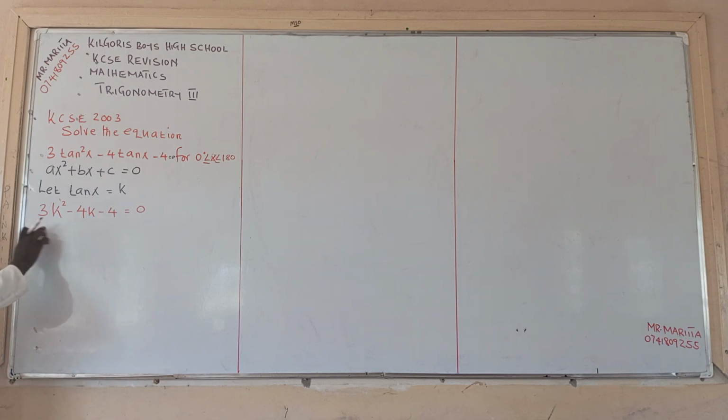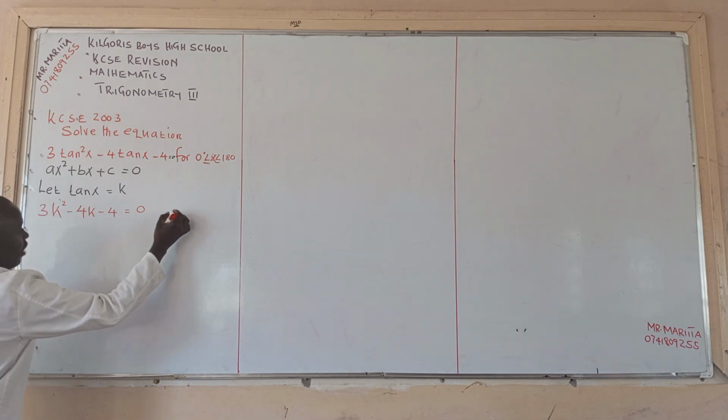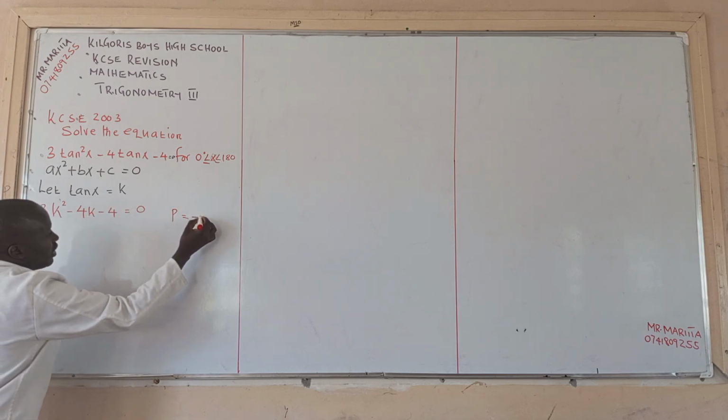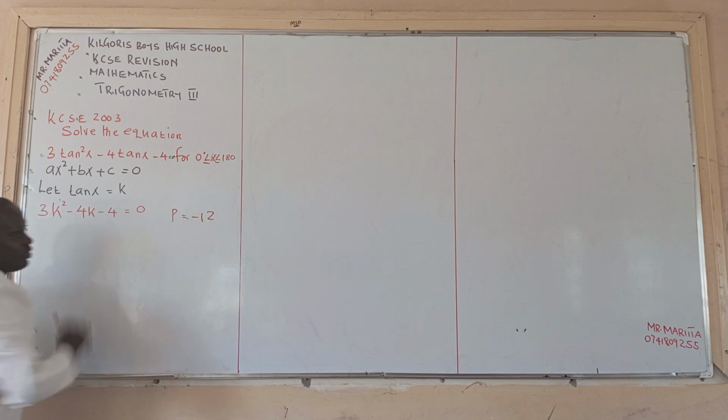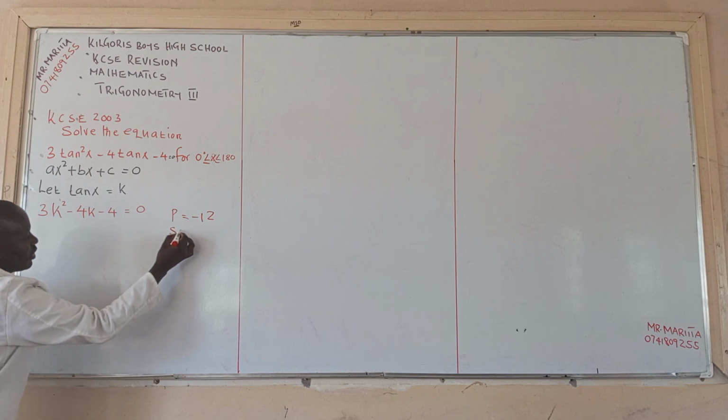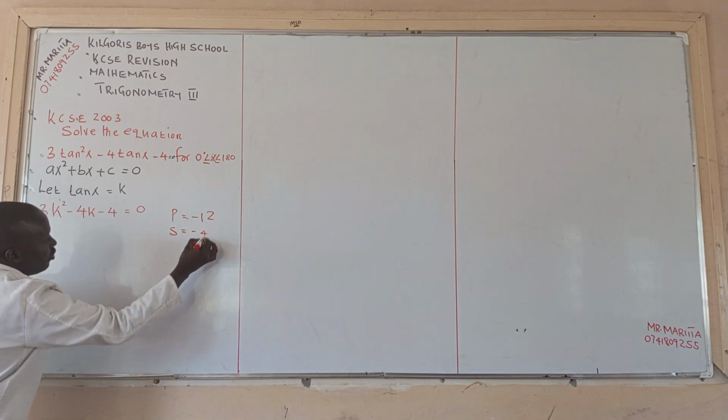If we use the sum and the product formula, our product is 3 times negative 4, which is negative 12, and our sum is negative 4.